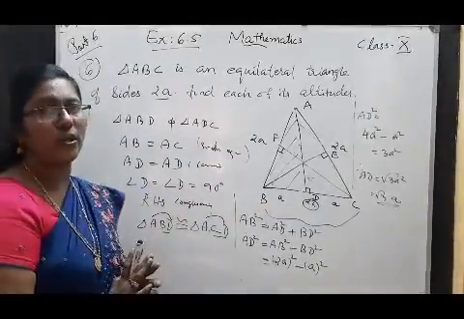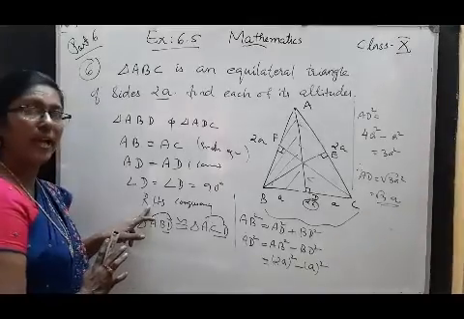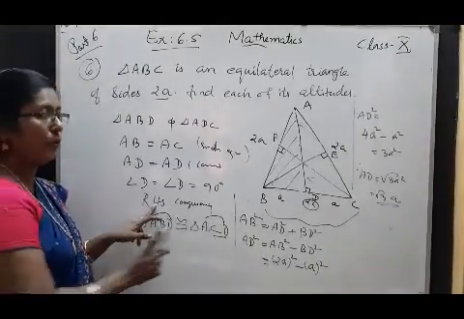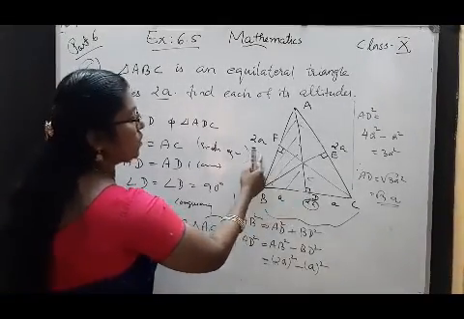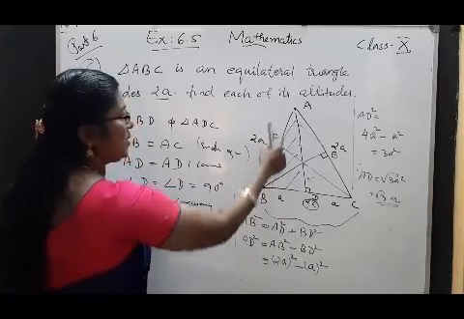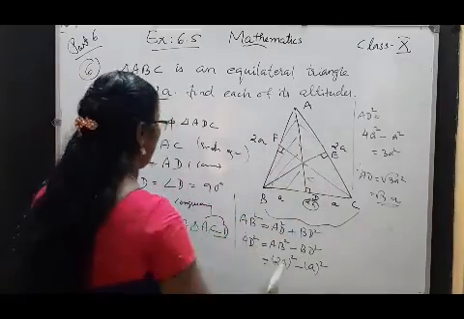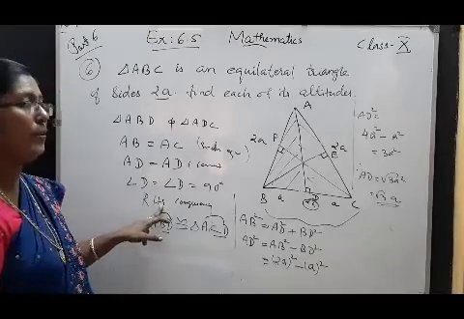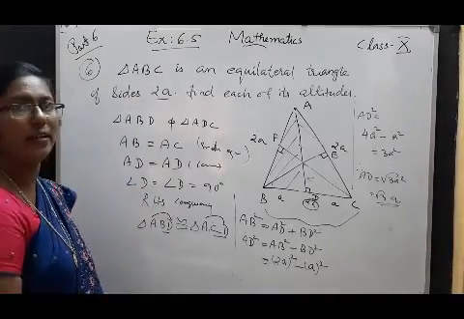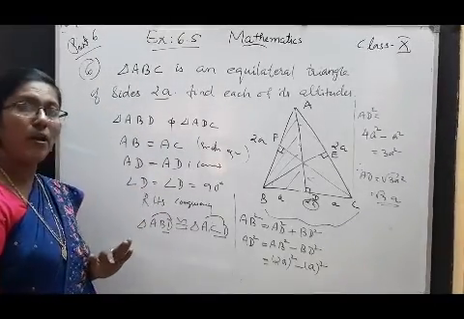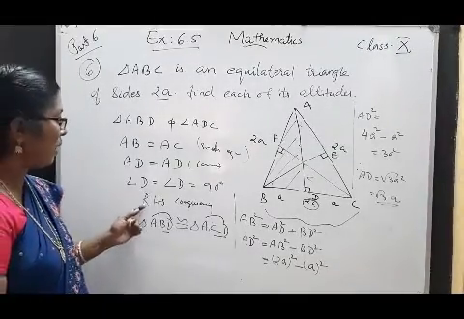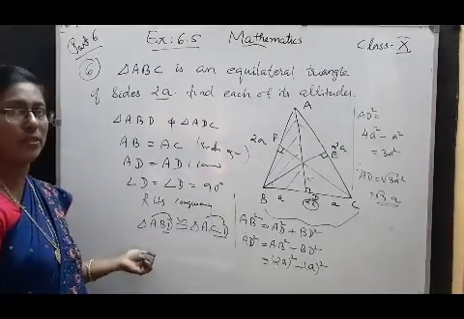By RHS congruency. RHS means right angle, hypotenuse, side. Opposite to the right angle is the hypotenuse, that is AB and AC, and any one of the sides, that is AD, is equal. So we can conclude by RHS congruency that they are congruent.